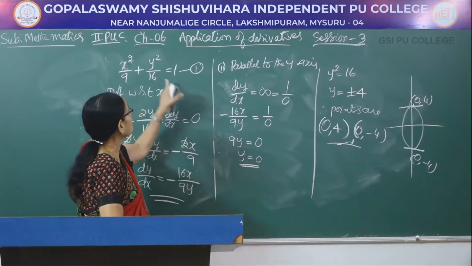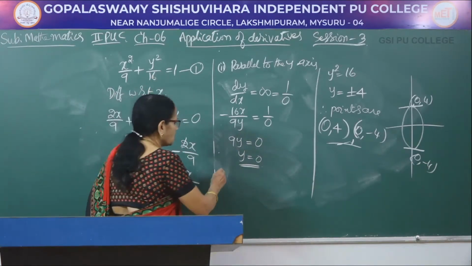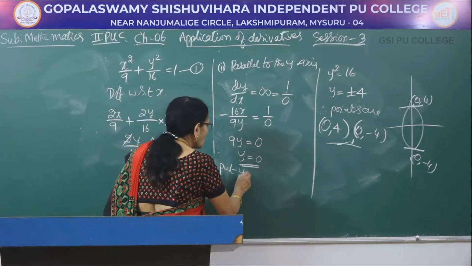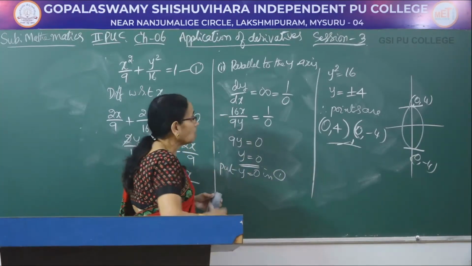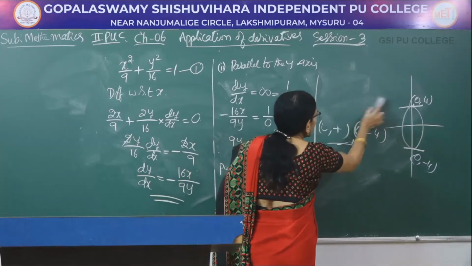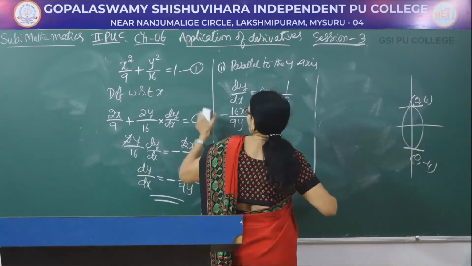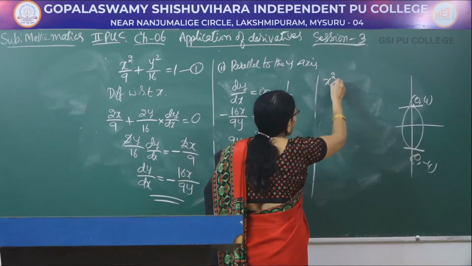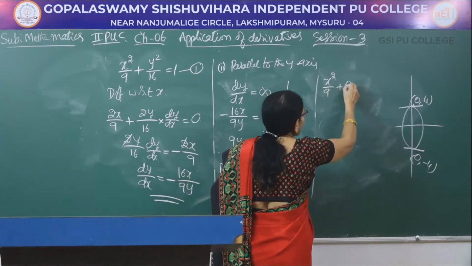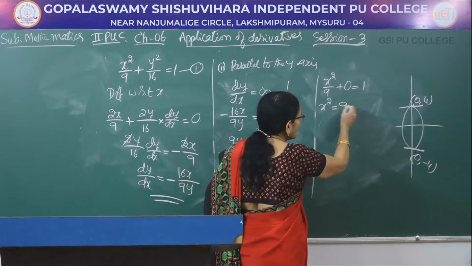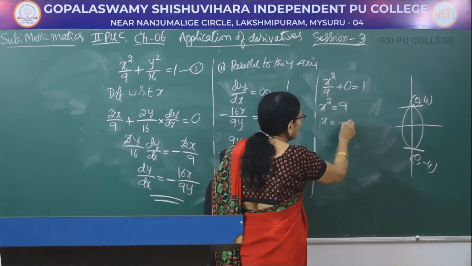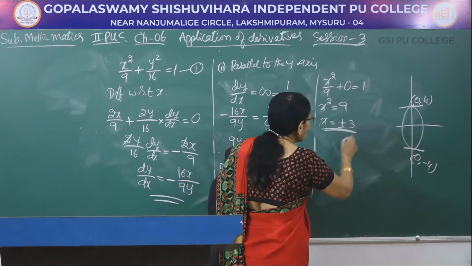Now put y equal to 0 in the first relation. When you put y equal to 0 here, x square will be remaining there: x square by 9 plus 0 equal to 1, or on cross multiplication x square equal to 9, or x would be plus or minus 3.